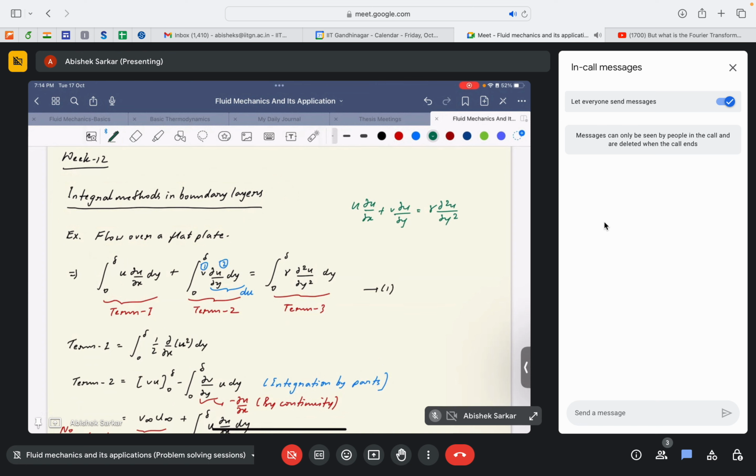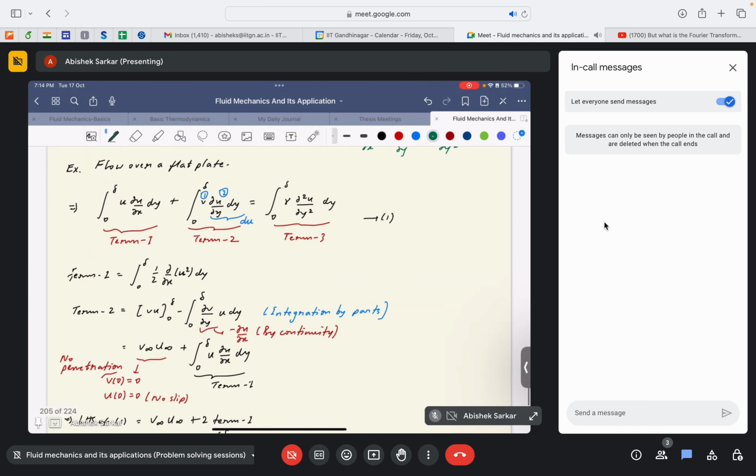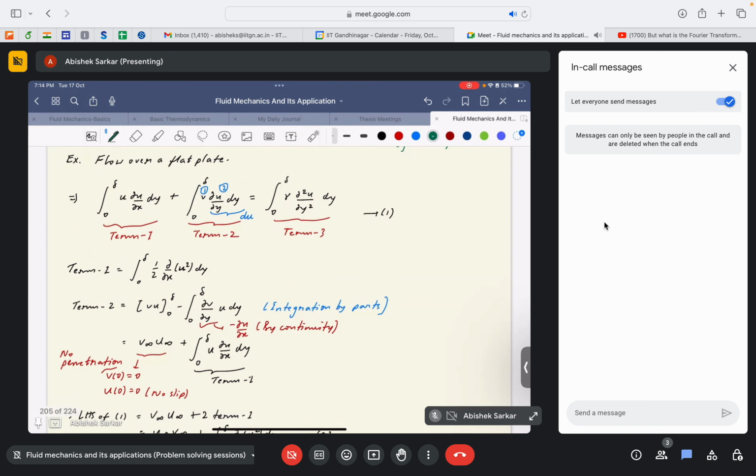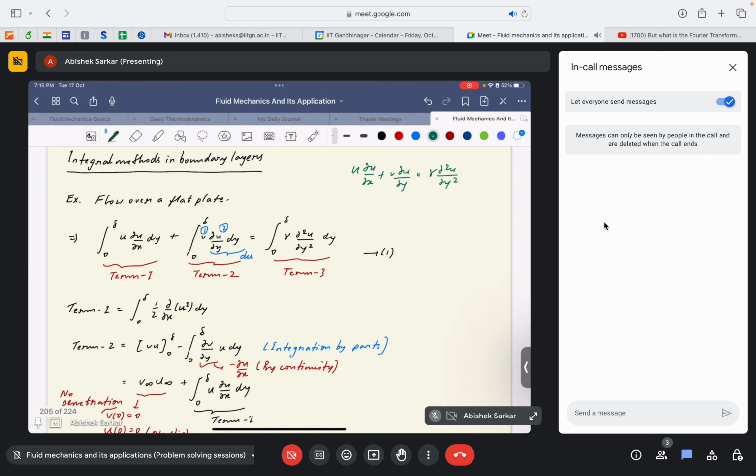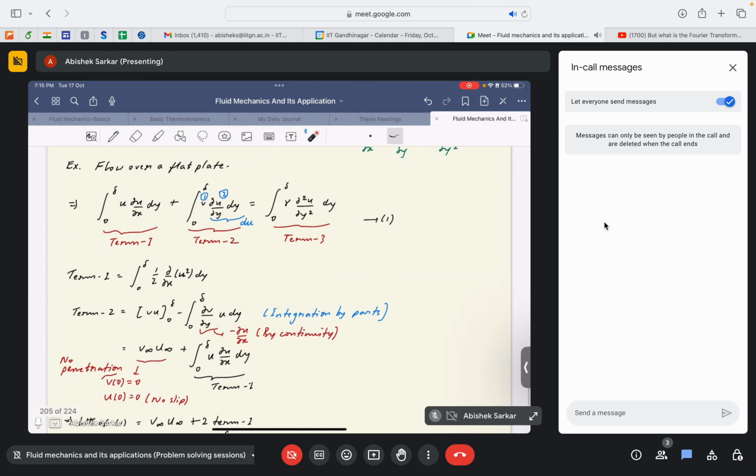So keeping that in mind, what we do is integrate all of these terms with respect to y from 0 to delta, where delta is the boundary layer thickness. I have defined these terms as term 1, term 2 and term 3, and we will deal with them individually. The first term can be deduced in this form.